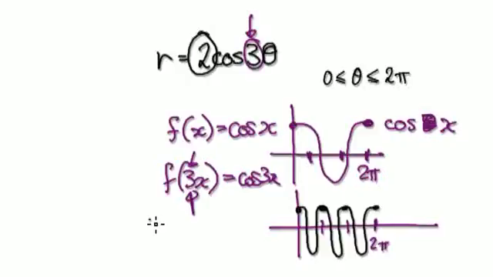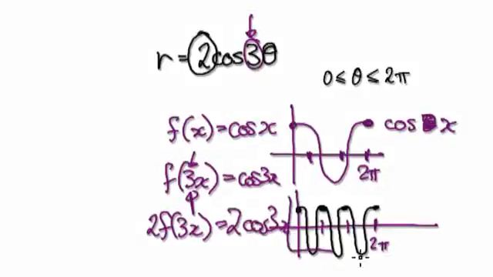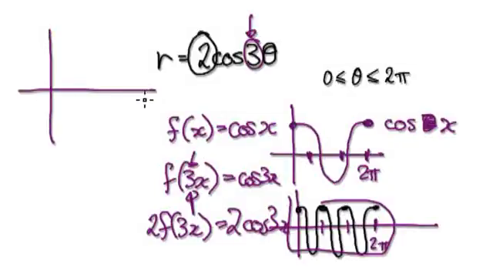Your next transformation would be 2f of 3x, which gives you 2 cos 3x. So normally 2 pi you cut up into 3 pieces like we did over here, but instead of the magnitude being 1, now the magnitude is 2.